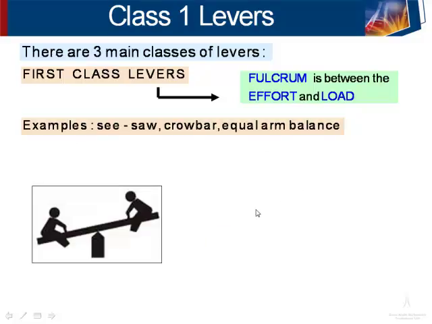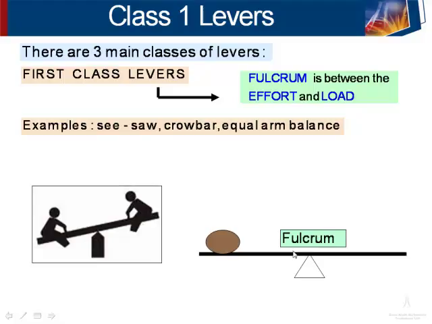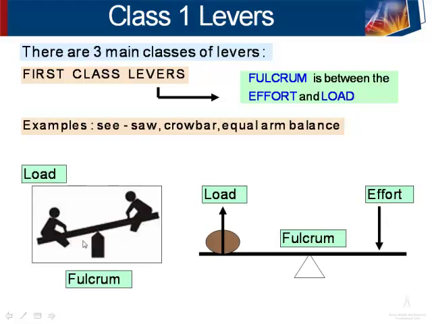Let's have a look at this. In this case, remember, the fulcrum is between the effort and the load. There's the fulcrum in the middle. The effort is applied on this side, and the load is on this side. If we look at our example of a seesaw, there you could see the fulcrum, and on one side the load, and on the other side the effort.